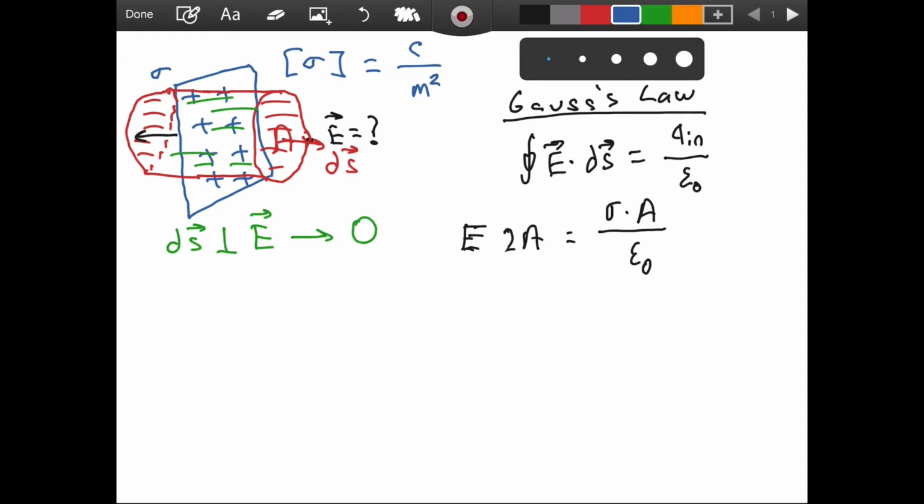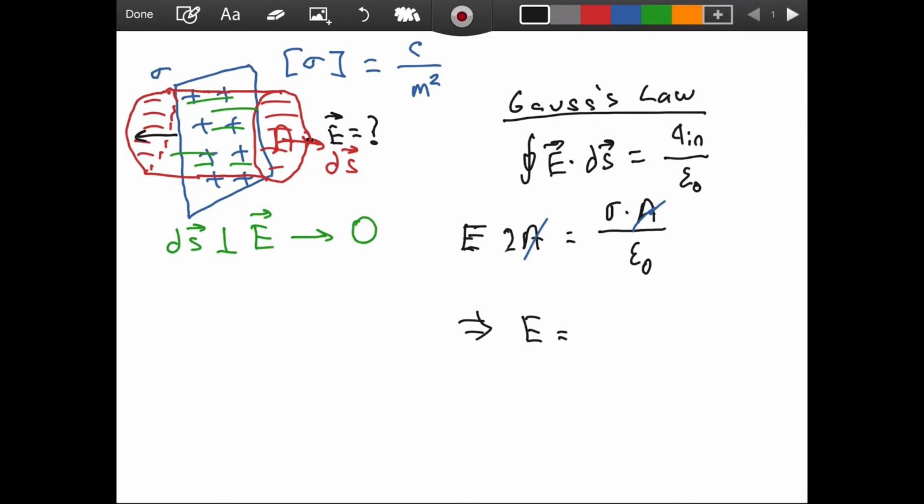We see that the A's cancel, which is great because it was an arbitrary choice that we made. The electric field should not depend on our Gaussian surface's properties. And we get that the electric field is equal to sigma divided by 2 epsilon naught. This is the magnitude of the electric field, and we discussed its direction.